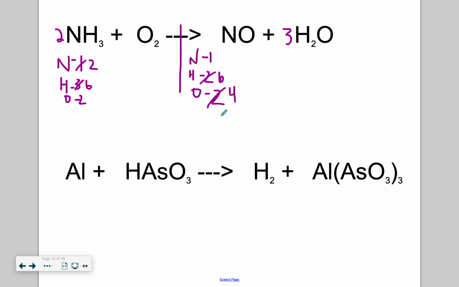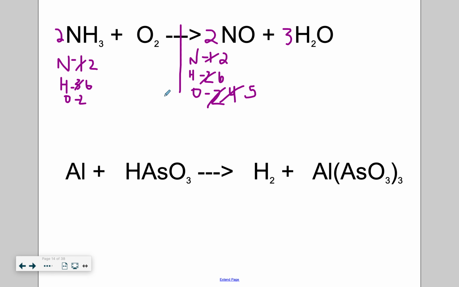So I have 2 nitrogens over here. Let's see if I can get to 2 over here. This also affects my oxygens. 2 times 1, 3 times 1, 2 plus 3 is 5. Oh boy, this isn't going to work. My nitrogens and hydrogens are good, but there's no way I can put a whole number coefficient and get to 5.